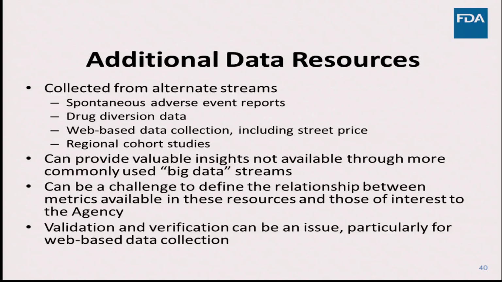And these can provide very specific insights that can't be obtained through the more general and larger data resources, but it can be a challenge to relate these metrics to the specific outcomes and characteristics that are of interest to the agency. And also, since some of these data resources run on anonymity, validation and verifying specific factors can be an issue.